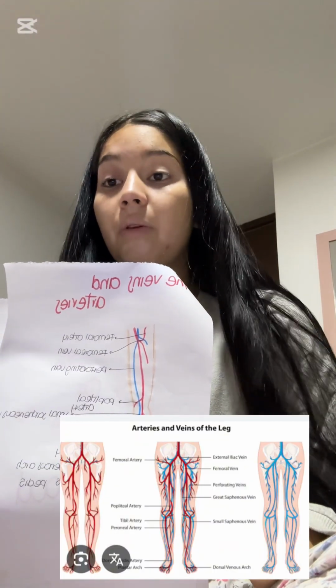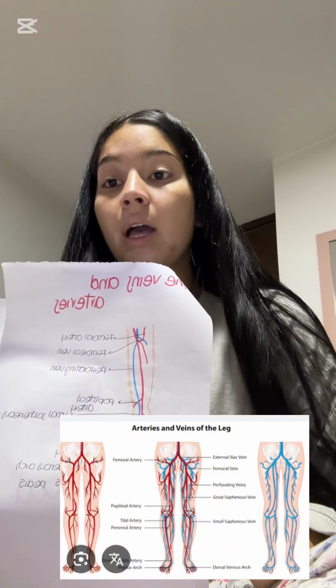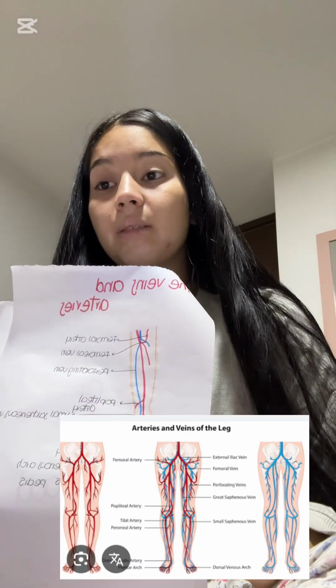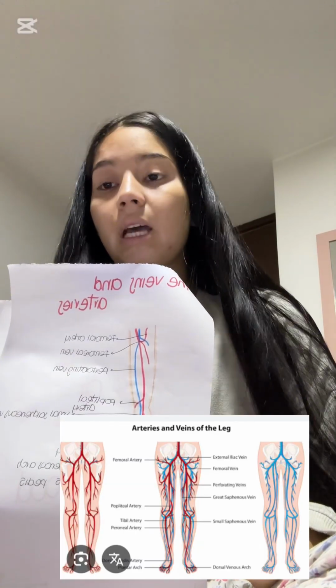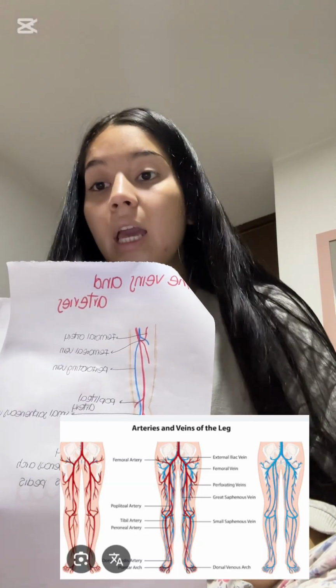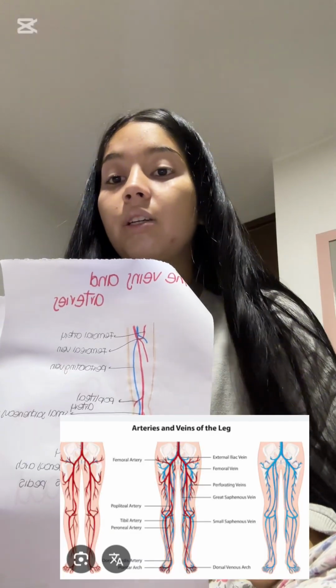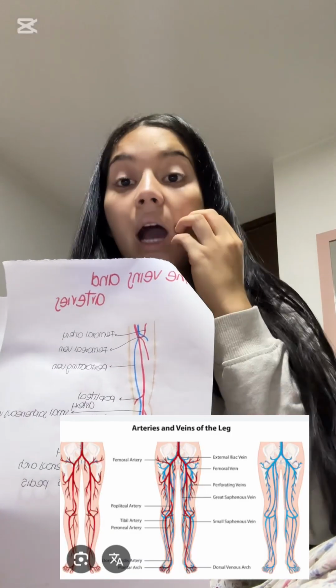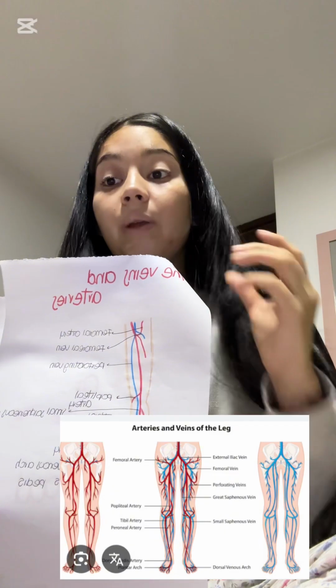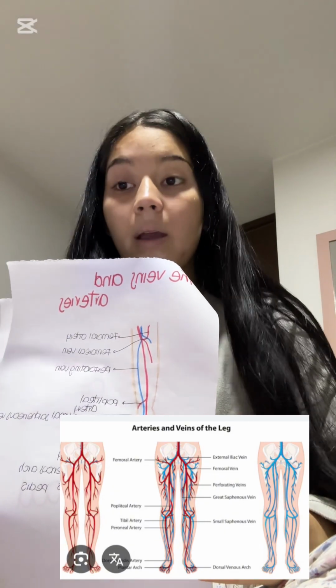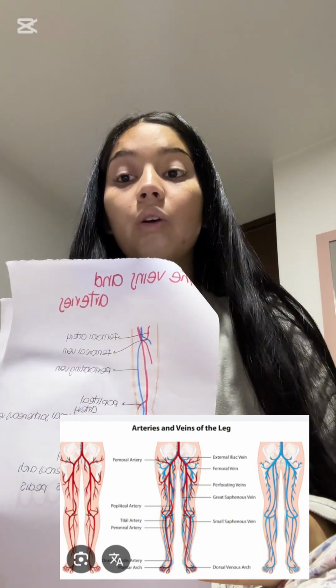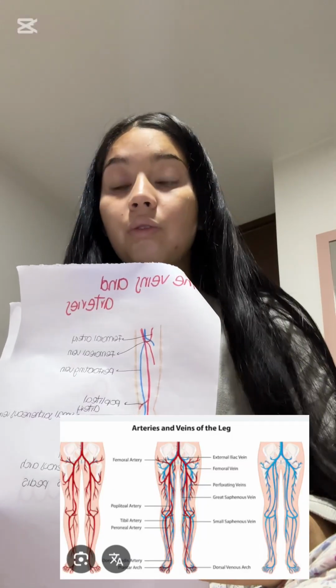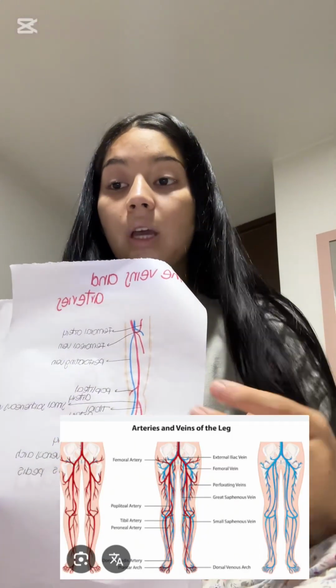The small saphenous vein runs along the back of the leg. Deep veins accompany the arteries and include the anterior tibial, posterior tibial, and the femoral veins. They rely on one-way valves and muscle contraction to return blood to the heart.